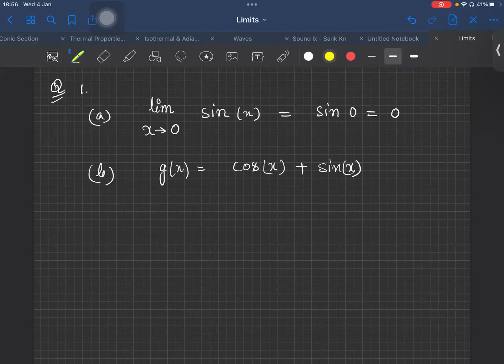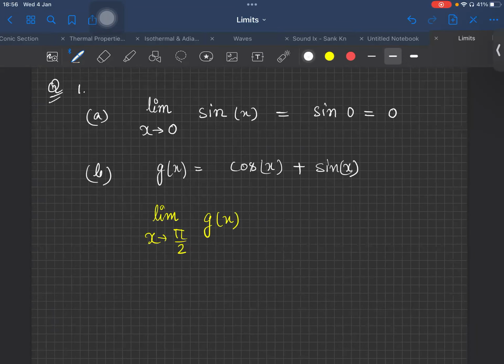Find the limit as x tends to pi by 2 of g of x. Find out. One, sir. You will just substitute the values here, right?